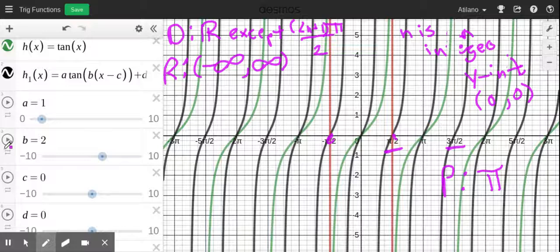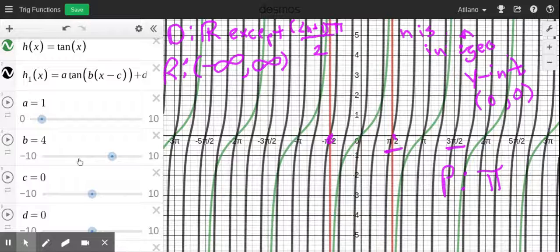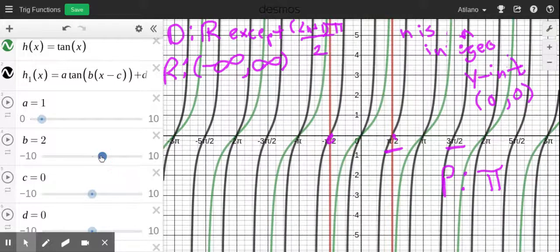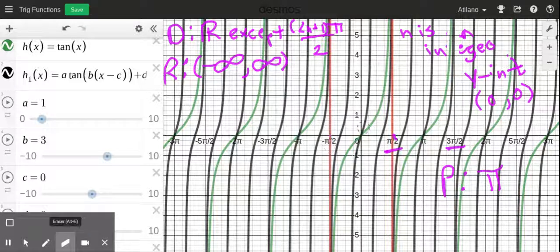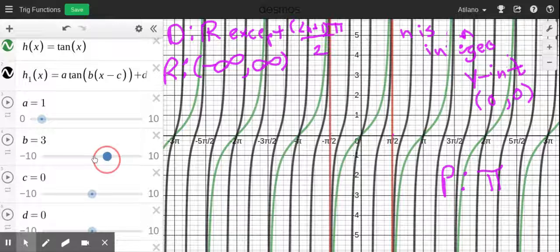If we make this 3 instead of 2, it has 1, 2, 3 cycles completed in that same amount of time. So think about what's happening to the period of each cycle of pi based off that b value. And just like before, we're going to bring this back to its stationary position at b equals 1.